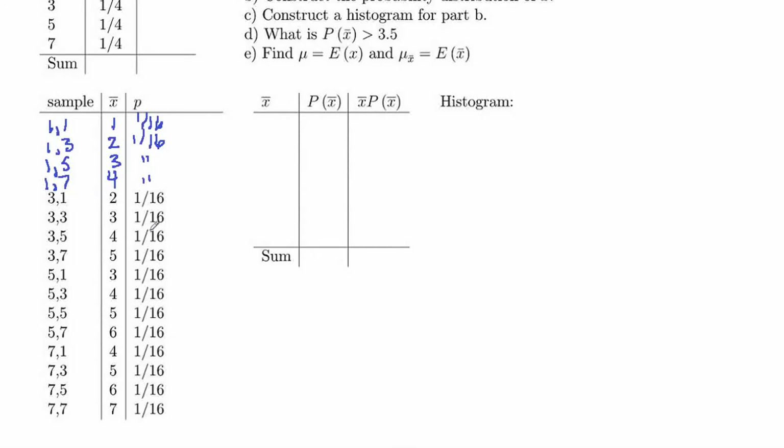So then what we want to do now to form this sampling distribution is find the probabilities of each one of those sample means. So a 1 occurs here one time out of 16. So sample mean of 1. Oh, and our sample means are 1, 2, 3, 4, 5, 6, and then 7's the highest.